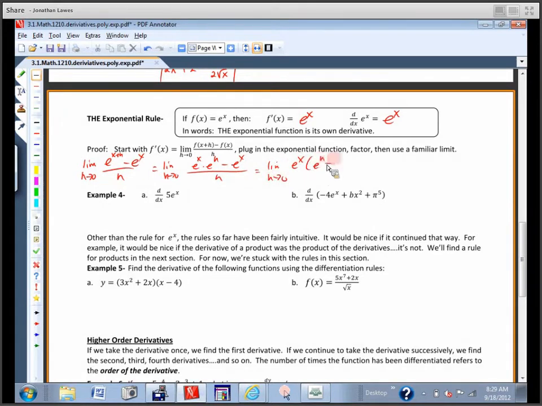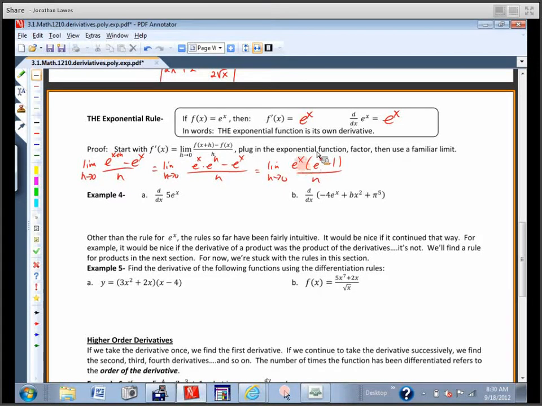But isn't this e to the x times e to the h minus e to the x over h? Isn't that the same thing? It is. And at this point, I can factor that out. So this gives me the limit as h approaches 0, e to the x, e to the h minus 1 over h. Everything okay algebraically here?